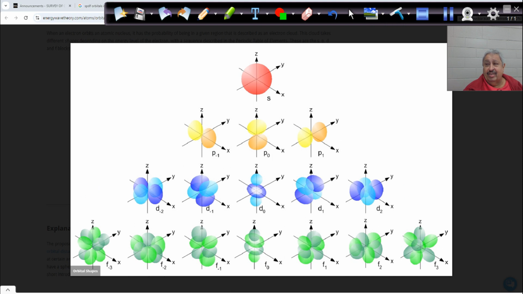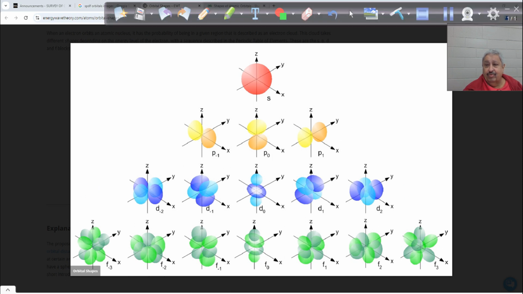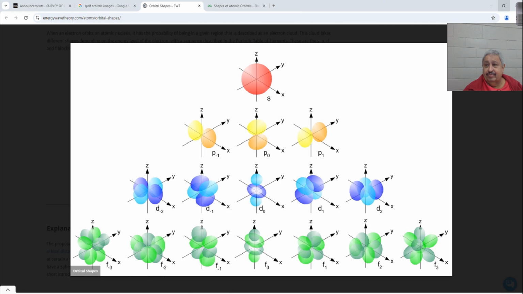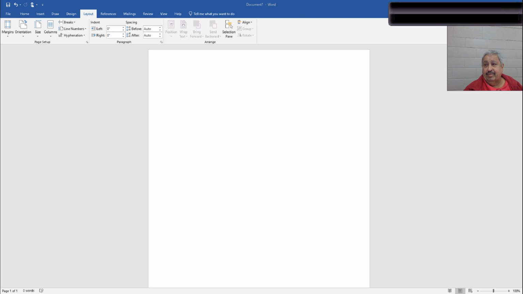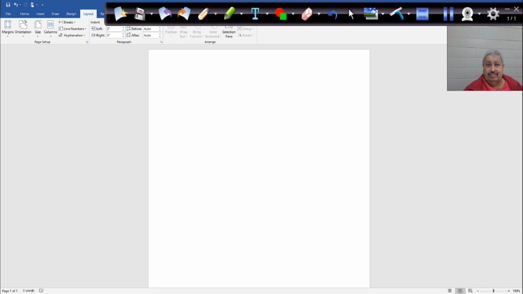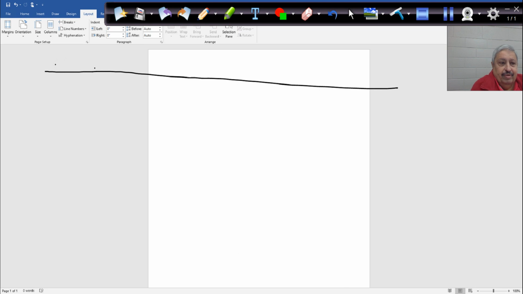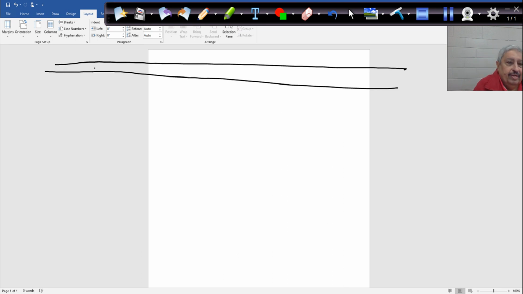For this one, we can see a table here. Let's make a table together, guys. Let's put the table here like this. We'll take n equal 1. Now n, we said, is the principal quantum number, correct?